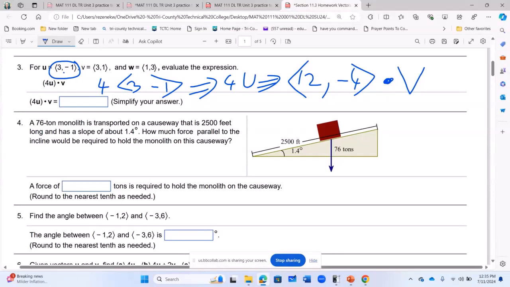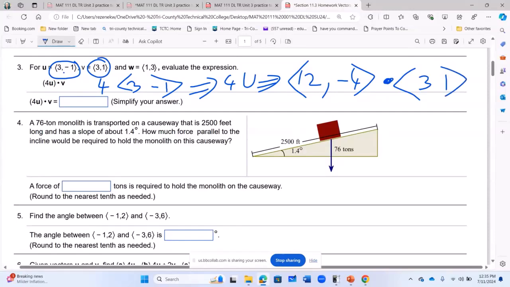So when I'm doing the dot product, I'm going to take this one away and put a vector v there. And so this is 3, 1. That's my vector v.